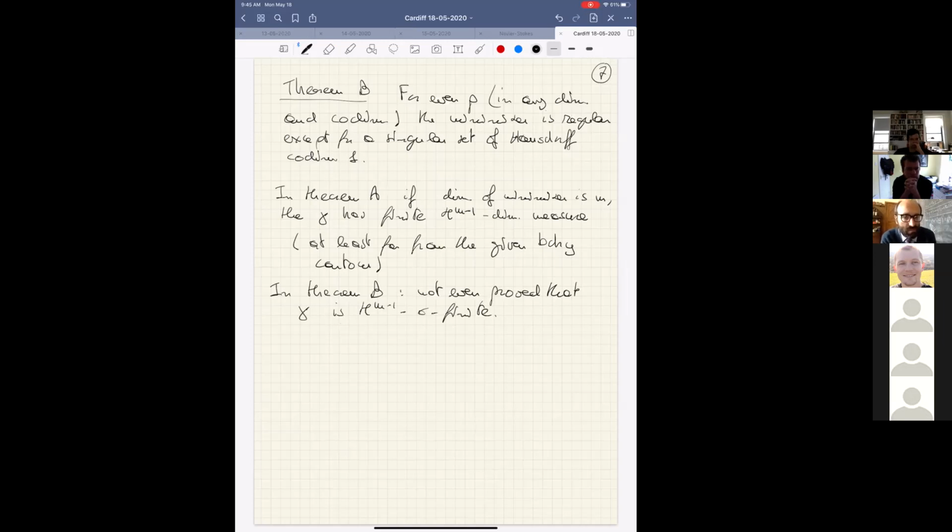So in fact, in theorem A, you're really expecting that gamma is a smooth m-1 dimensional submanifold, except maybe for some further singularities which have a smaller dimension. So gamma should be smooth except for some lower dimensional sets.